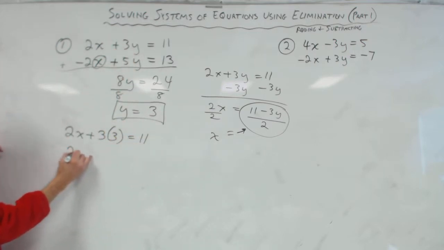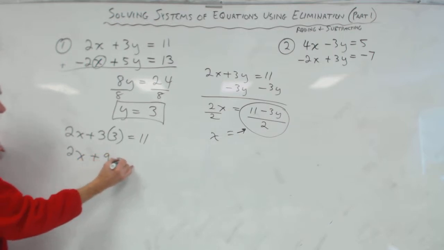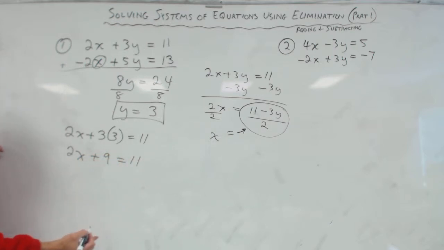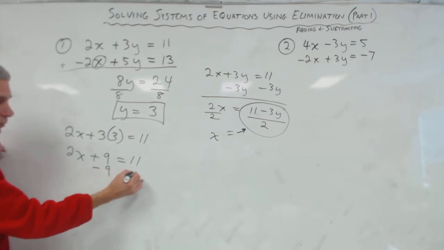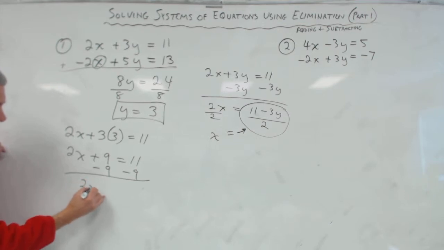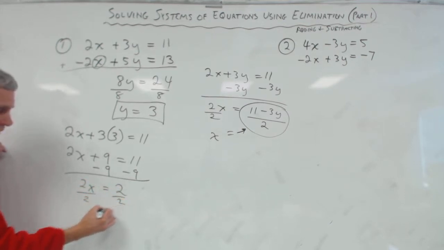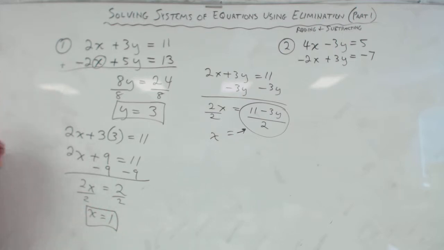So now I have 2x plus 9 equals 11, right? Yes, because you're going to subtract 9. You have 2x is equal to 2. Divide by 2, x is equal to 1. See how easy that is?